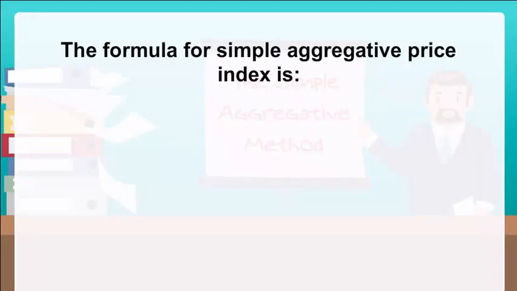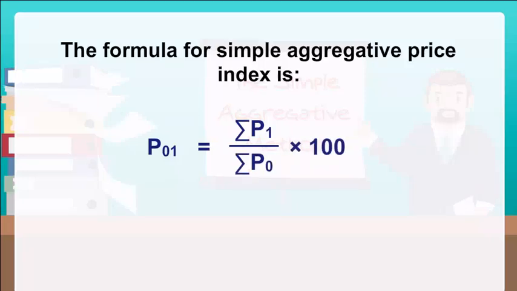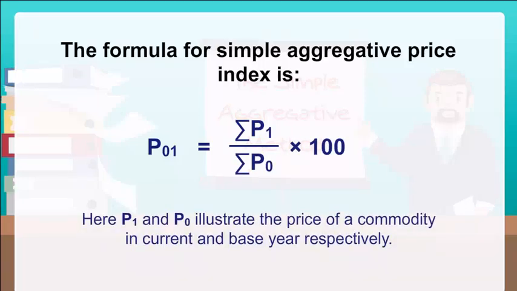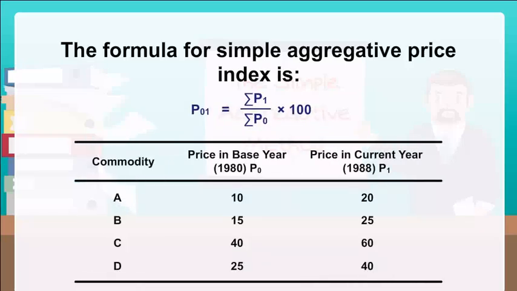The formula for simple aggregative price index is P01 is equal to the sum of P1 divided by P0 multiplied by 100. Here, P1 and P0 illustrate the price of a commodity in current and base year respectively. The aggregative method is an unweighted measure because it does not clearly reflect the relative items of the commodities.